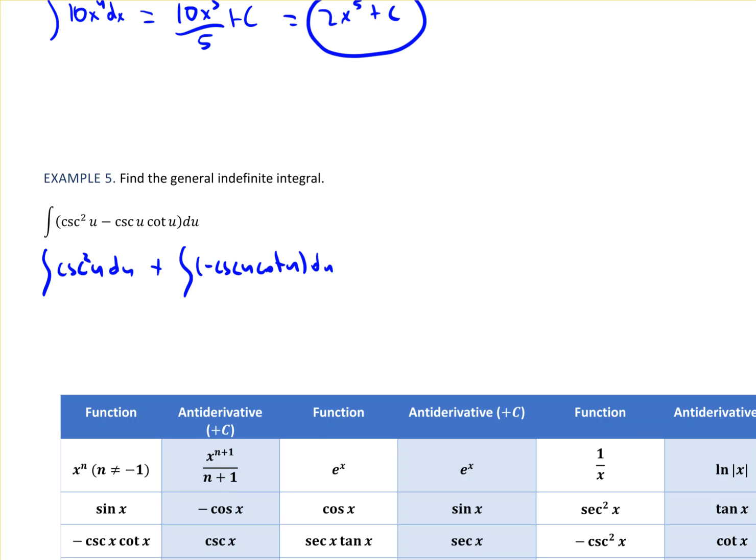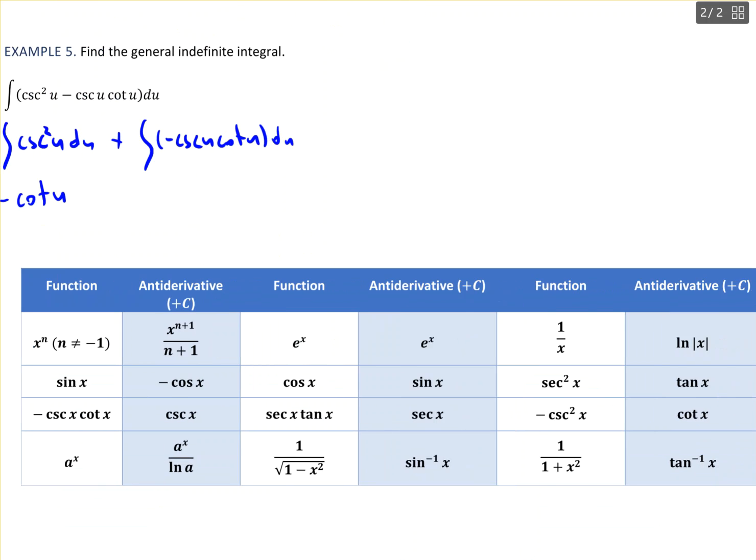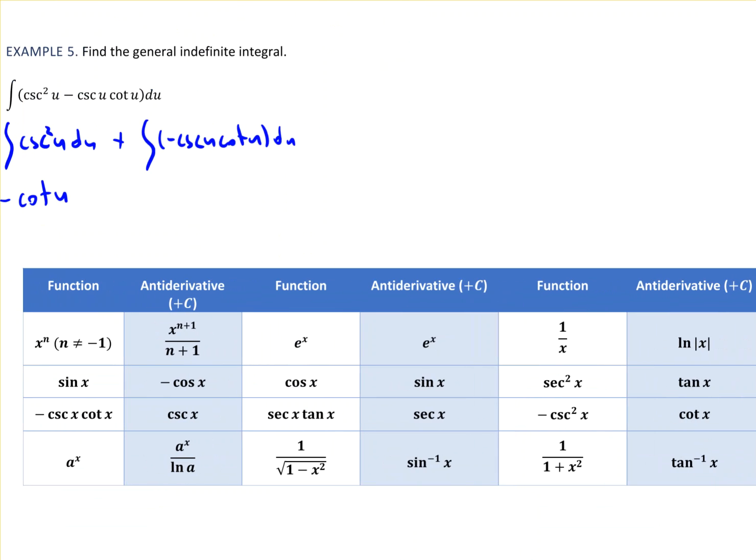Remember, derivative of cotangent is negative cosecant squared. So this will be negative cotangent of u. So if we look down in our chart here, again, negative cosecant squared goes to cotangent. So cosecant squared would go to negative cotangent. And similarly, negative cosecant cotan goes to cosecant x. So we're going to have plus cosecant u plus c. And that's our answer.